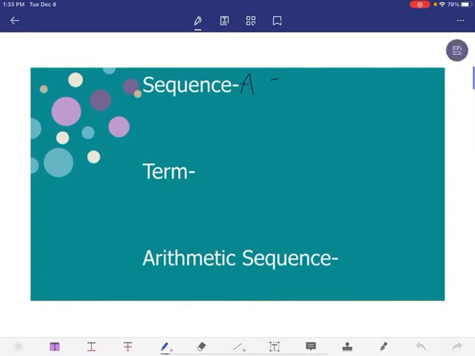So a sequence is going to be a set of numbers in a particular order.